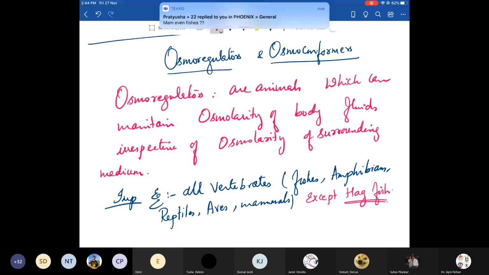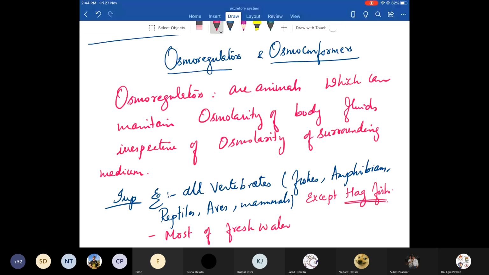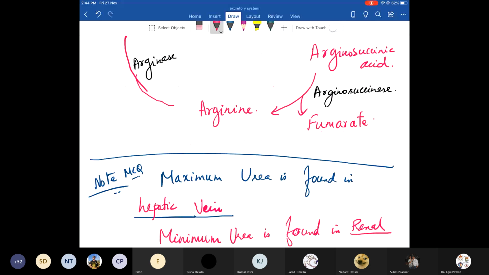Most of freshwater fish and most of freshwater invertebrates. So you have osmoregulators, then examples for osmoregulators.